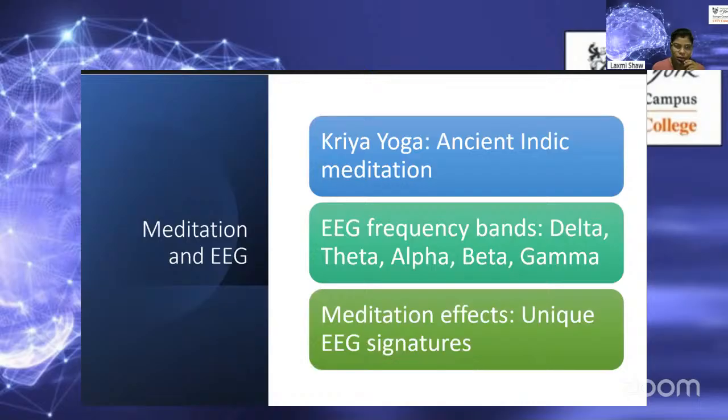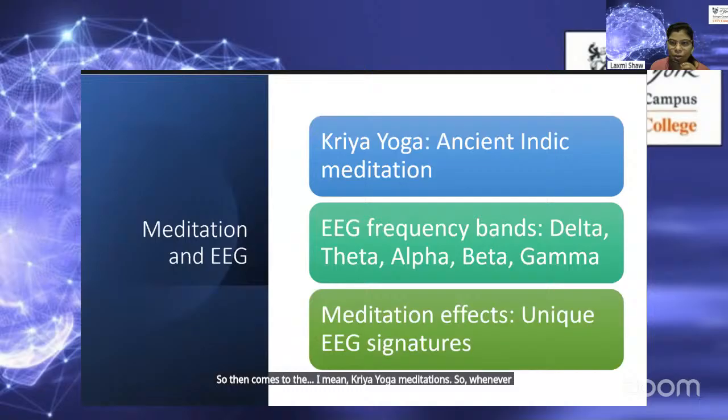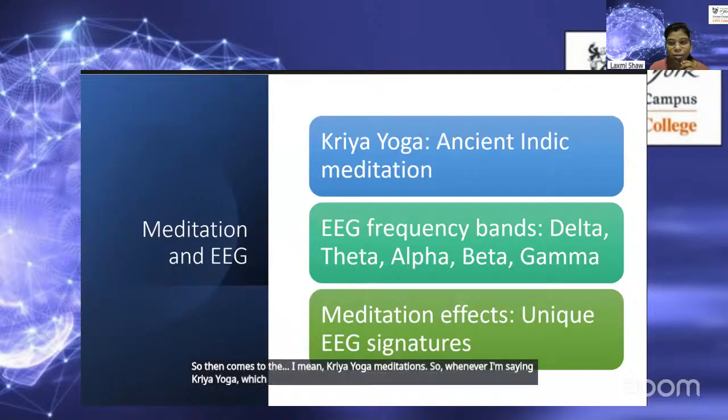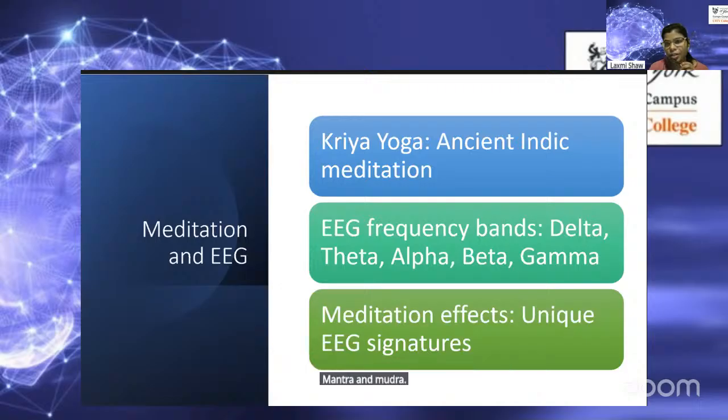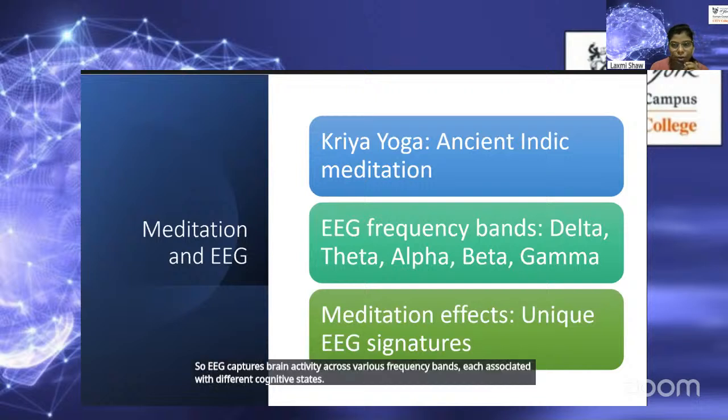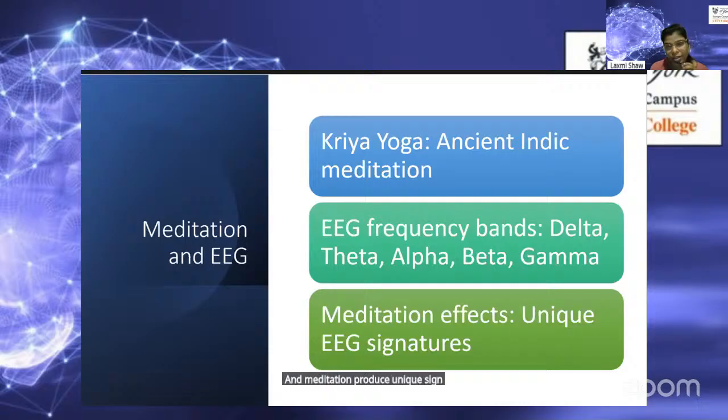Then comes Kriya Yoga meditation, which is an ancient meditation practice involving breath, mantra, and mudra aimed at deep concentration and well-being. EEG captures brain activity across various frequency bands, each associated with different cognitive states, and meditation produces unique signatures in these bands, reflecting altered connectivity.